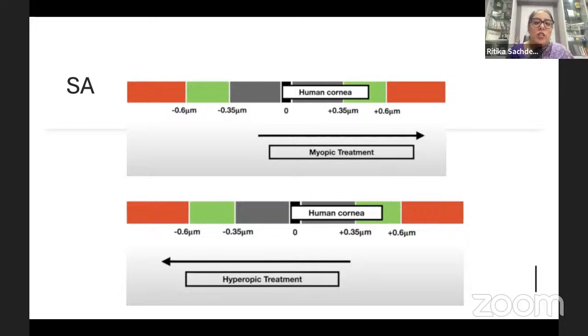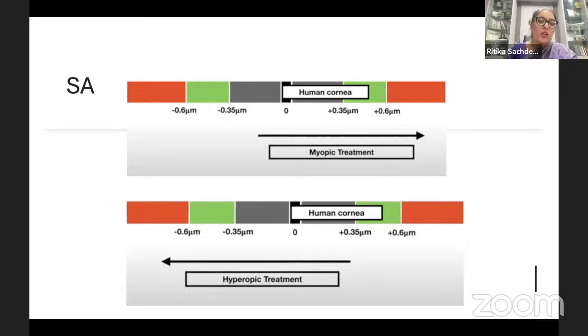Because spherical aberration is a naturally occurring aberration, our brain has a great propensity to adapt to it, to the tune of up to 0.35 near normal, and up to 0.6 is a tolerance of spherical aberration. So you can see that the tolerance of spherical aberration is greater than other higher order aberrations.